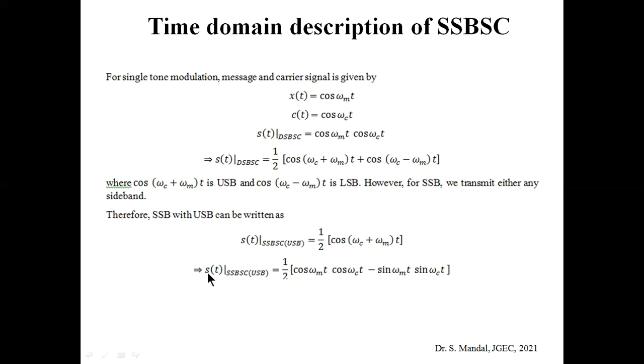We are using s(t) for SSB-SC USB. SC means suppressed carrier, that means no separate carrier component is present in the equation. So SSB-SC USB can be expressed as half into cos omega m t into cos omega c t minus sin omega m t into sin omega c t. So that is the equation for the USB type SSB. Clear?